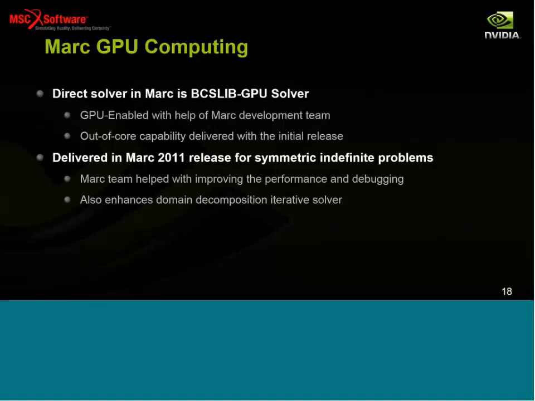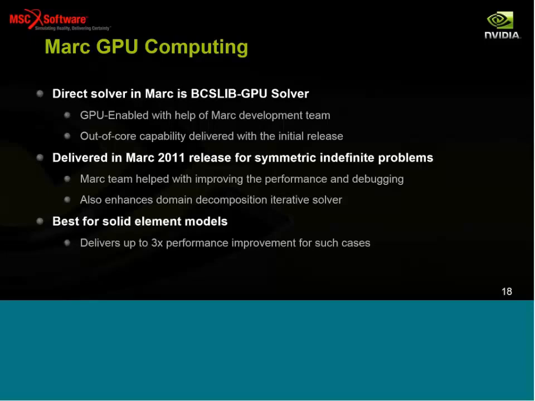In the BCSLIB-GPU solver, the parallelization includes the update step and the panel factorization step, including the triangular portion. The Marc team was instrumental in improving the performance and finding several bugs that eventually ended up delivering a very robust solver. Note that this also has out-of-core support and provides enhanced performance to the domain decomposition iterative solver in Marc. As with MSC Nastran, the GPU solver in Marc is best for solid element models and can deliver up to 3x performance improvement.